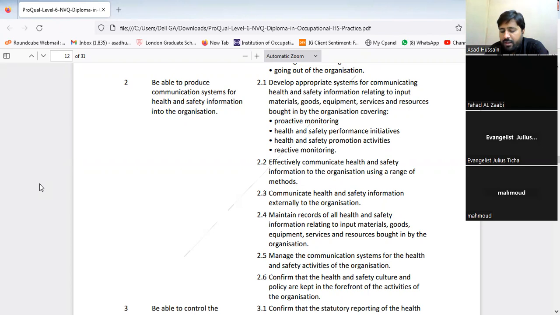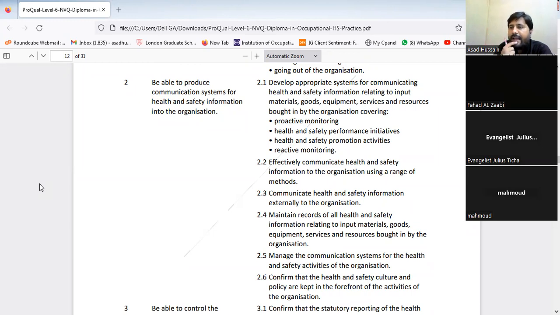For evidences, you can use emails, safety alerts, posters, newsletters, notice board. Whatever communication method you have in the organization, like verbal methods, written methods, graphic methods, then whatever specific arrangements are there, you have to give the evidence of that.